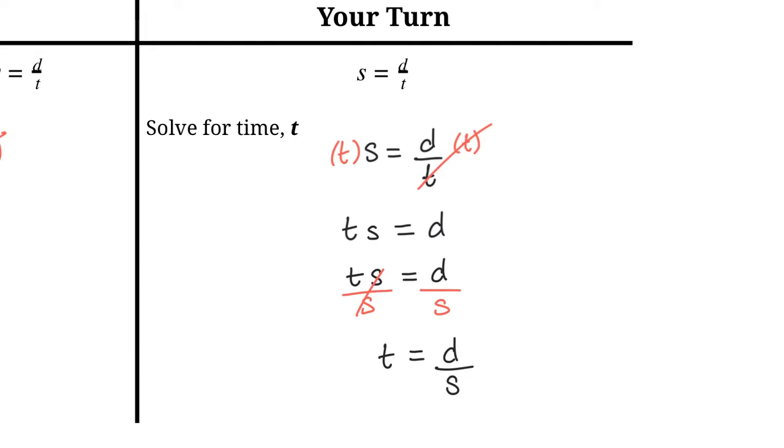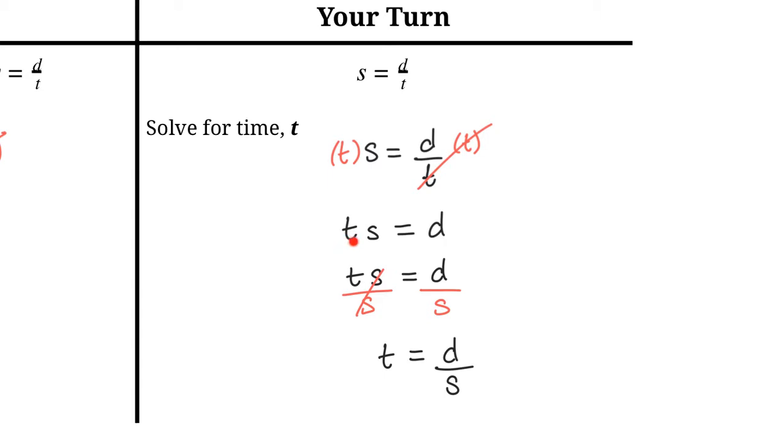So here's my solution when I solved for t, and remember, we're just working on isolating t. t was in the denominator, and we needed to get it out of the denominator so we can isolate it. To get rid of our denominator, we had to multiply by t, and we're multiplying both sides of the equation. So we're left with t multiplied by s is equal to d, and we need to isolate t.